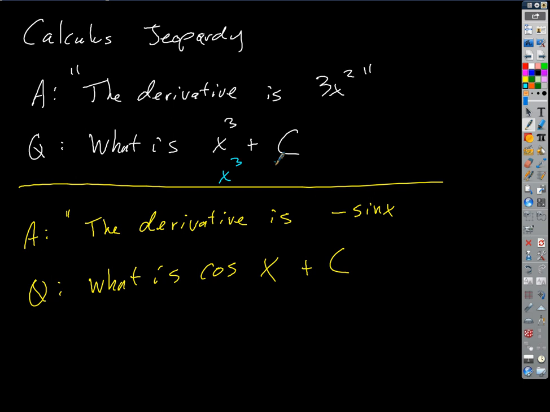When we say something like x cubed plus c, we're saying there's an infinite number of possible solutions, and in math we have a specific name for that. We call that a family of curves, and all of those would be correct answers if I differentiate to get 3x squared.